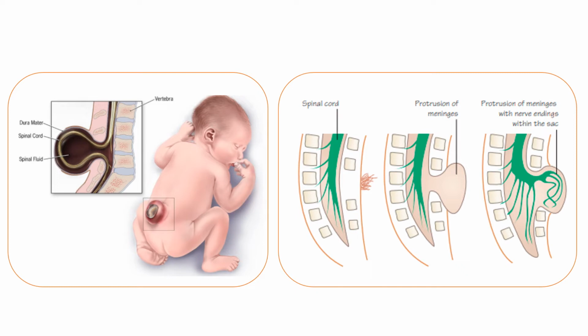If the spinal cord or the nerve roots also protrude, here you have spina bifida with meningomyelocele, and this condition might affect sensory or motor innervation at the level of the lesion. And of course, it might potentially affect other organs as well, like the bladder, depending on the vertebral level at which the lesion has occurred.